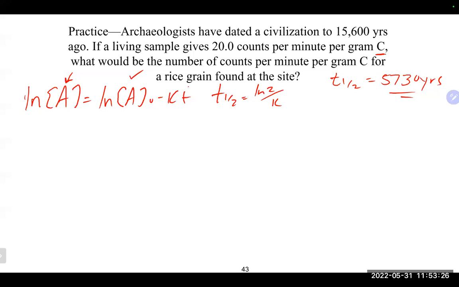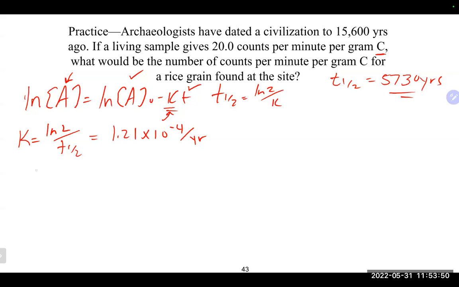We have the time, which is 15,600 years. Once again, we are missing the decay constant, so we will use our half-life to get us there. It comes out the exact same as what we just used in the previous problem, since we're still doing carbon, so we'll end up with the same value. And now we have what we need.